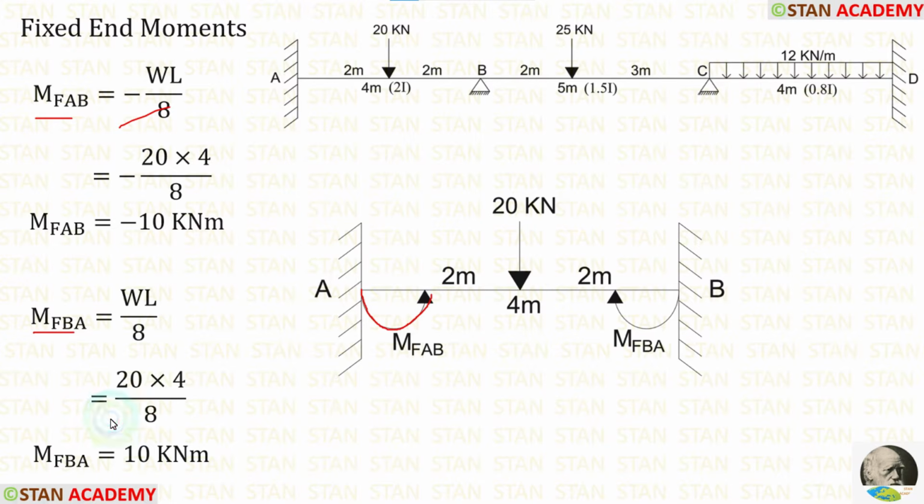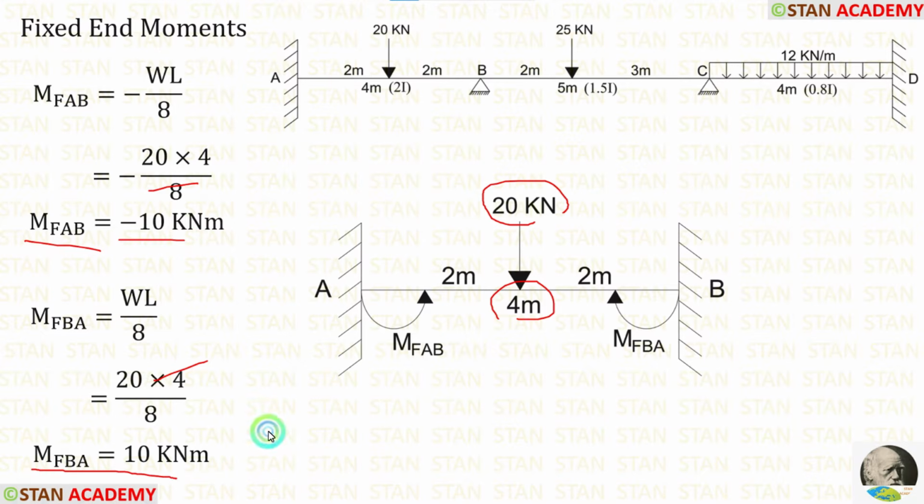M of BA will be positive because it is acting in the clockwise direction. Let us apply the values inside the formulas. W is 20, L is 4. After calculations, we are getting M of AB is equal to minus 10 kN meter and M of BA is equal to 10 kN meter.